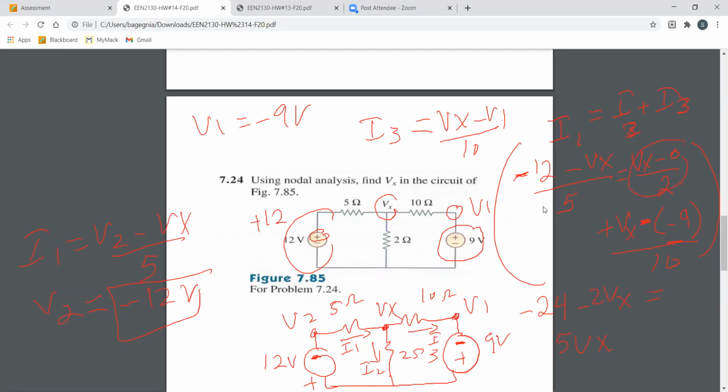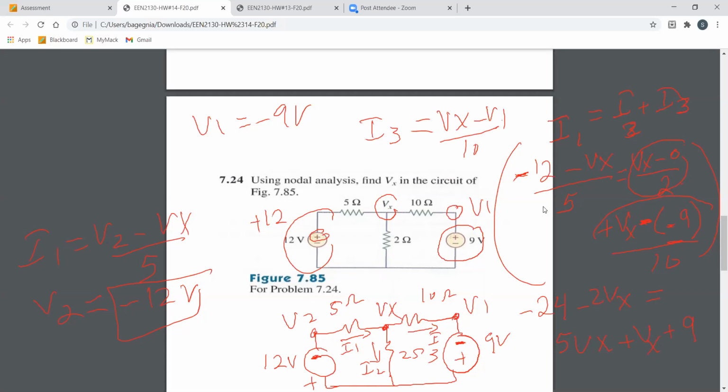And then we come to this term here, it will be a plus Vx, because 10 divided by 10 is 1, and then we have a minus times a minus, so it will be a plus 9.